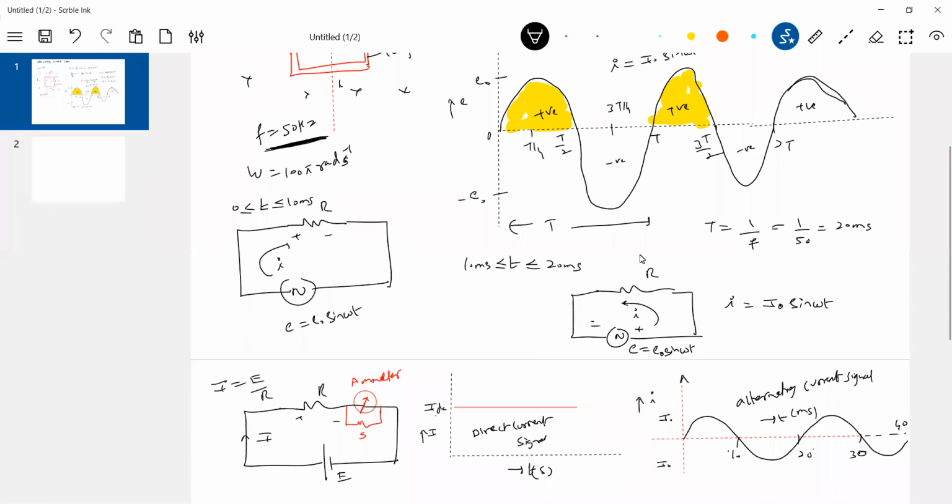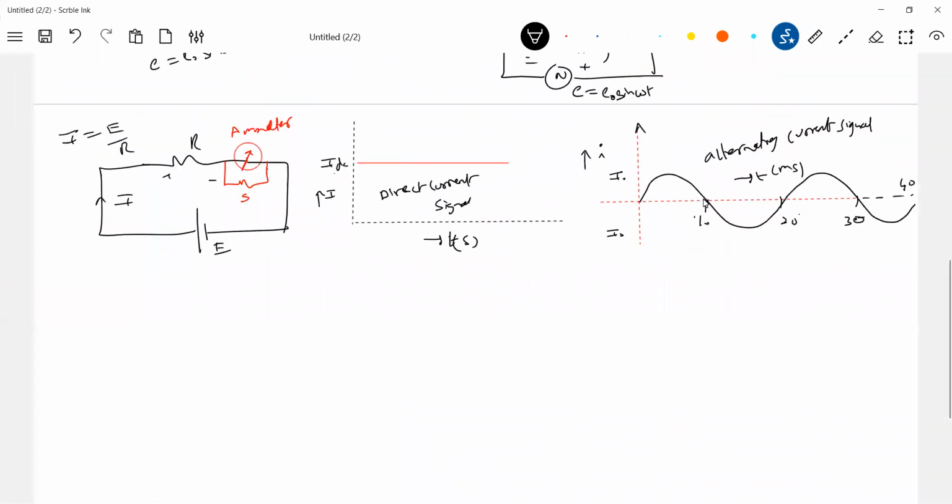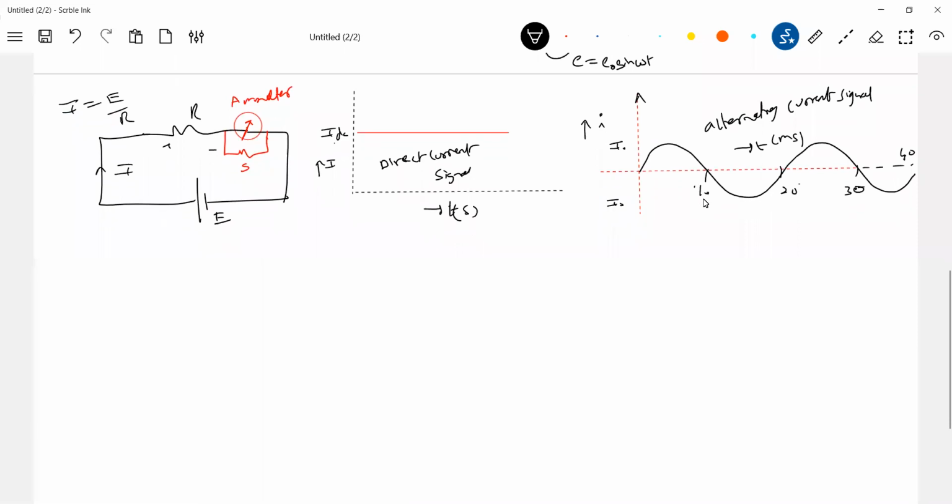Let me bring it to a realistic scale. Now you see that. Let me connect an ammeter in the AC circuit. Will any problem arise? If I connect an ammeter in an AC circuit, what are the difficulties we are going to face? I'll scroll down and draw that circuit here. These are the questions which we are going to ask ourselves.